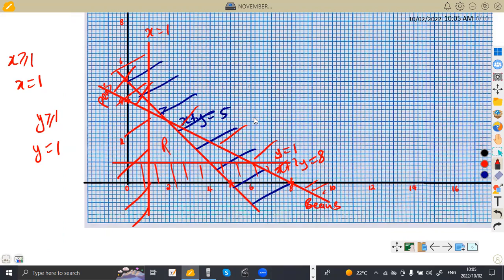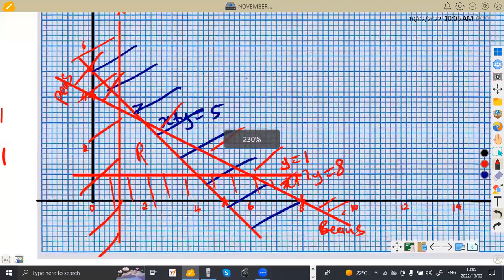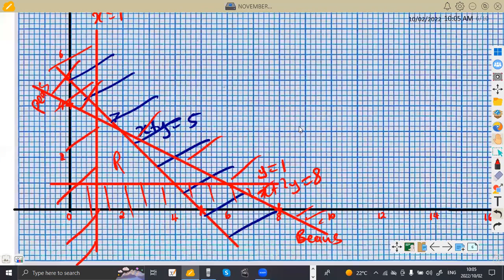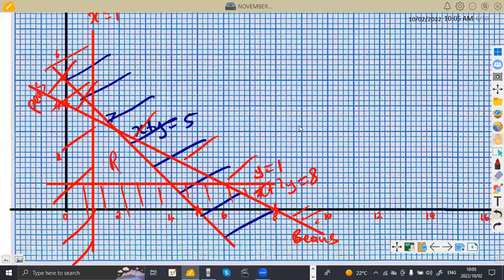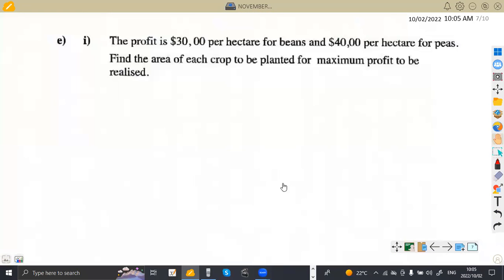This is the one that you're going to use to find your answers from this region that you are seeing there. Anyways, let's see the other part of the question, what we're now given after representing. The profit now we are given is $30 per hectare for beans and $40 for peas.